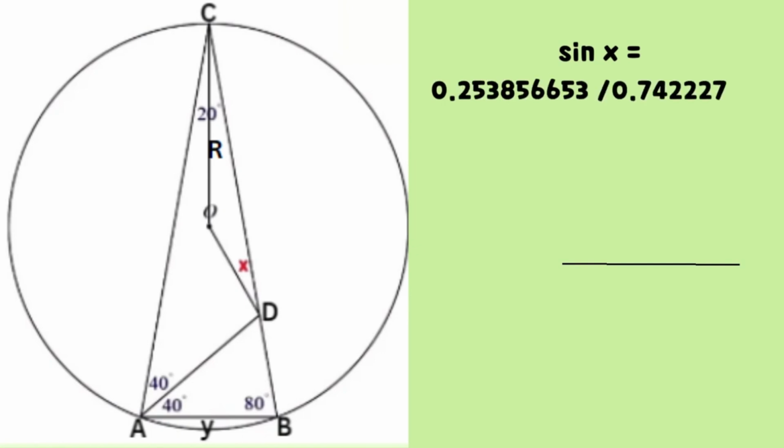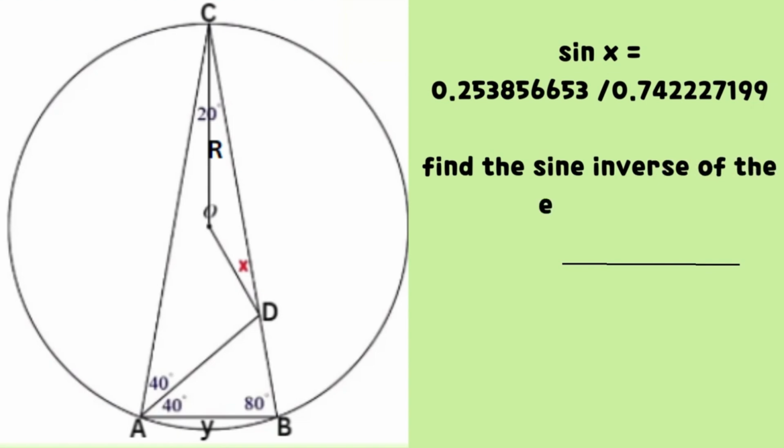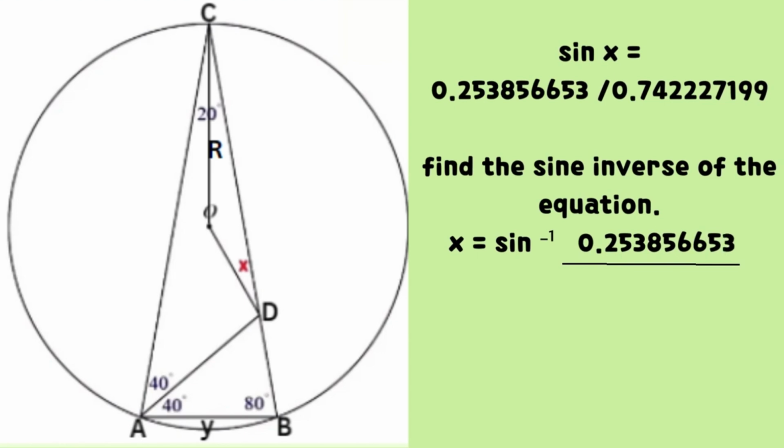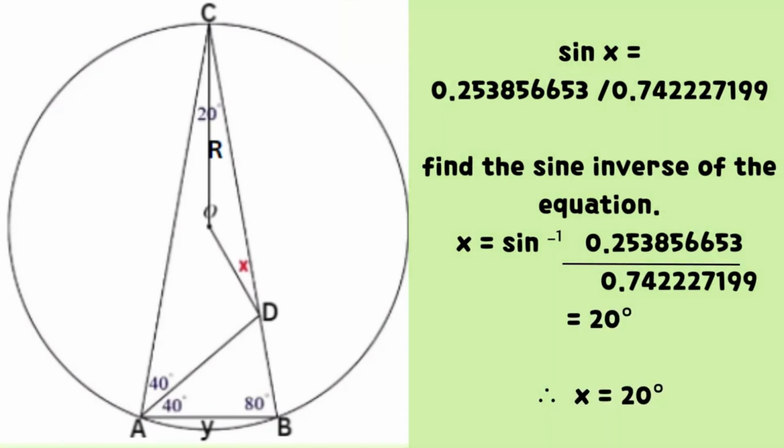Sin x equals 0.2538566653 divided by 0.7422271999. Find the sine inverse of the equation. We have that x equals sine inverse of 0.2538566653 divided by 0.7422271999, which equals 20 degrees. Therefore, x equals 20 degrees.